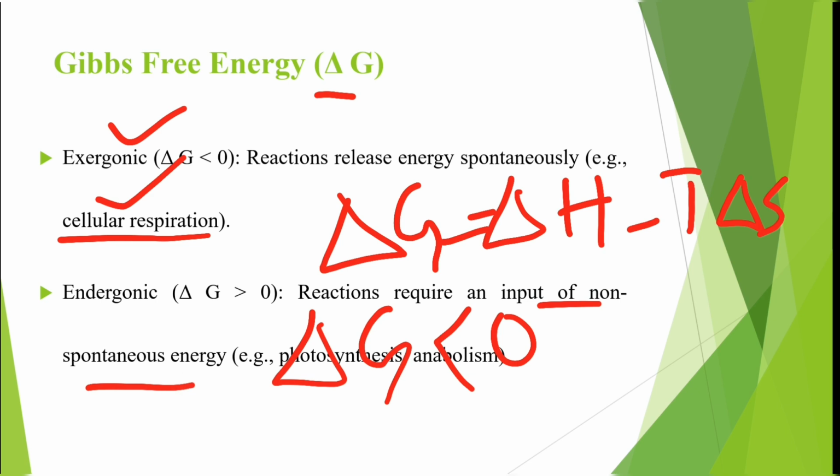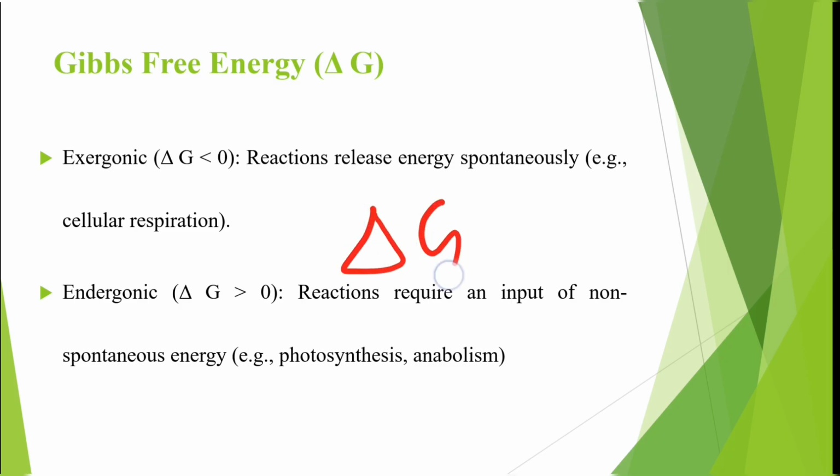The process needs outside energy to work. This is the case in photosynthesis or the anabolism process. Sometimes delta G becomes 0. The system is balanced, that means it is at equilibrium.